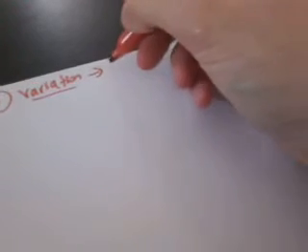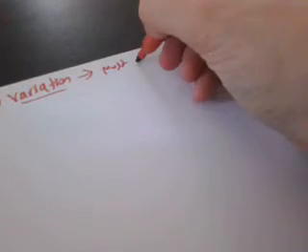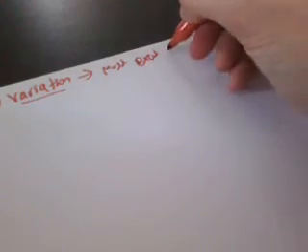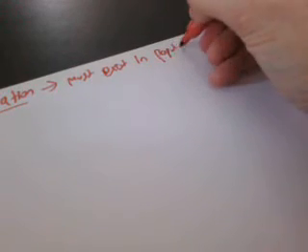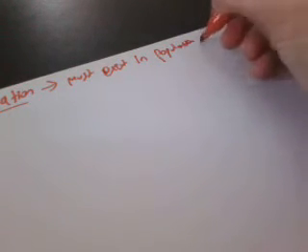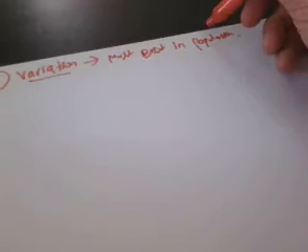Let me expand on this. What's variation? Well, the word says it all. Variation must exist in a population, otherwise speciation can't occur. So different types of species exist in a population. Variation.